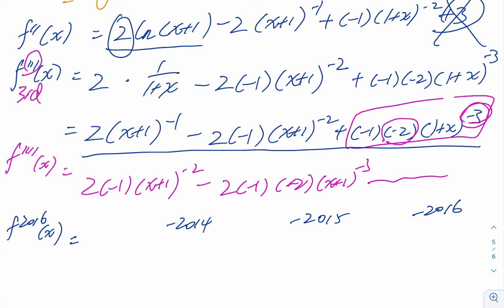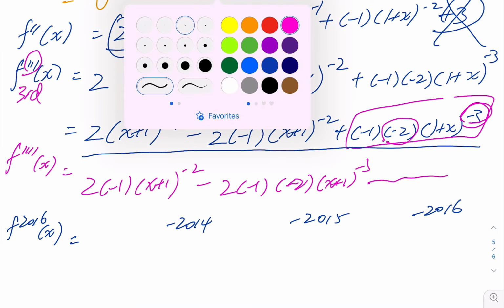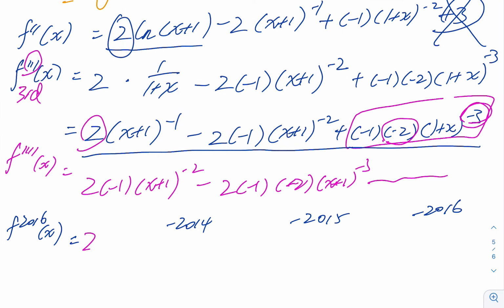Okay? And you see we have this pattern over here. This is 2. This is going to keep timesing by, remember, this is minus 3 and this is minus 2. So this is going to times till minus 2013. Alright, this is a function here, sorry.